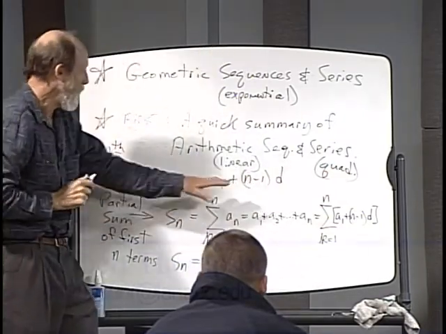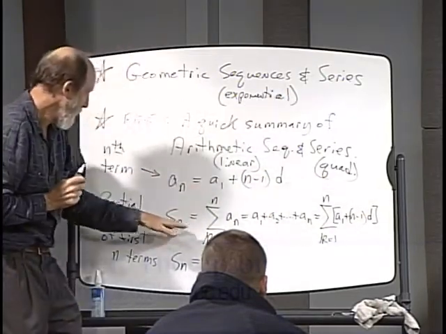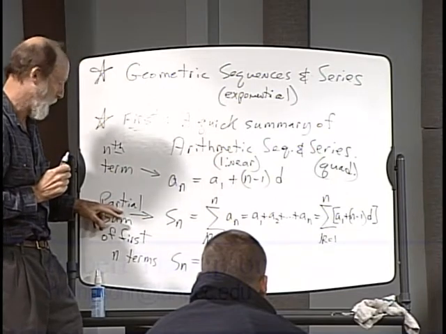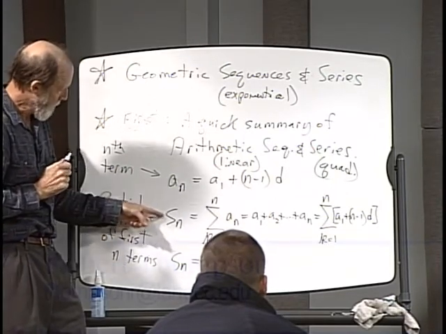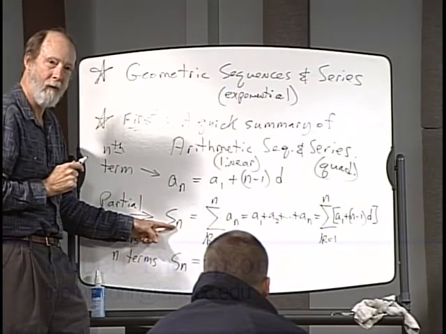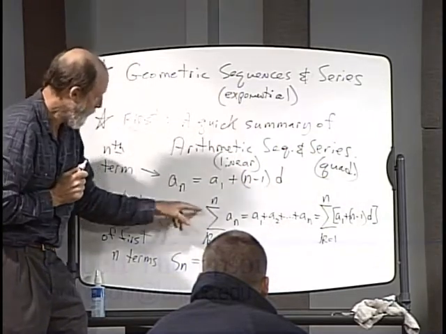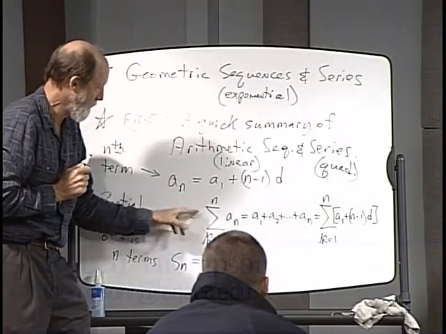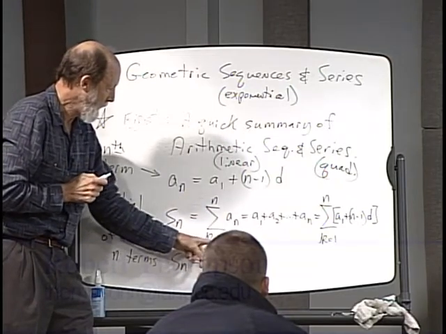When you add a group of those terms together, we get what we call a partial sum, the partial sum of the first n terms. Most textbooks use a capital S with a subscript n. Here's the sigma notation, or summation notation, where your index starts with k equal to 1.